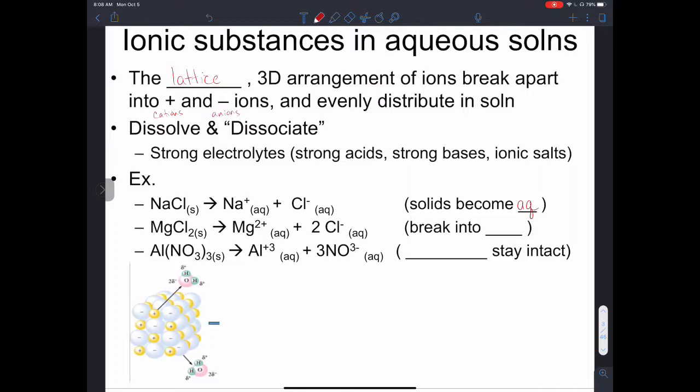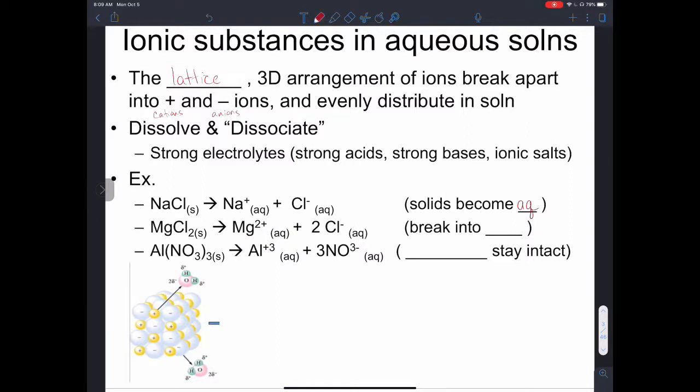What about our second example? Magnesium chloride, the solid salt, in a watery environment dissociates to the magnesium 2+ cation, which is now aqueous, and the remaining chlorine anions, which are also aqueous.